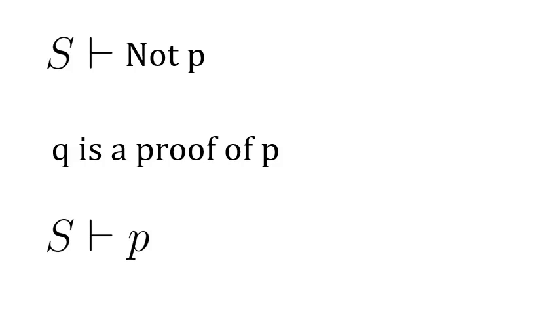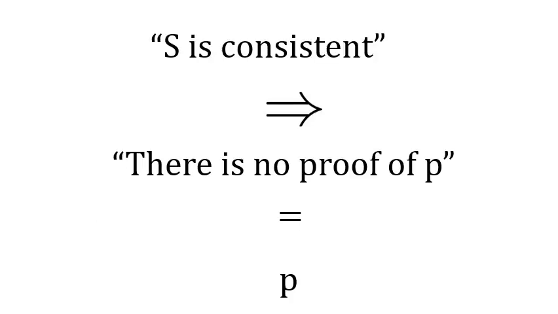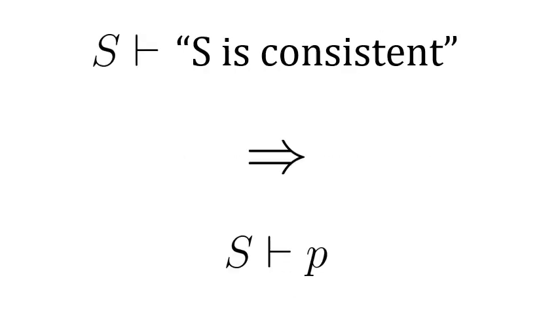I want to stop here for a minute to point something out, and is that if the system is consistent, then, because of what we just said, there is no proof of P. In other words, if the system is consistent, then P. So, if you were able to use the system to prove the statement the system is consistent, you could also prove P, and so the system will not be consistent.